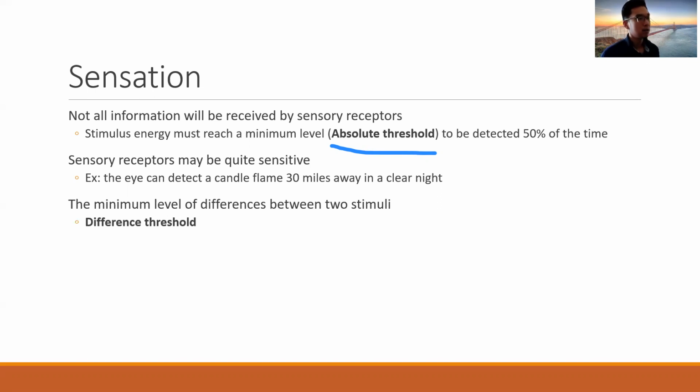So there's one example. For example, if we ask a person to sit in an experiment room, and suddenly there's a sound with a certain loudness. So we know that a sound can be very loud and it can be not that loud.